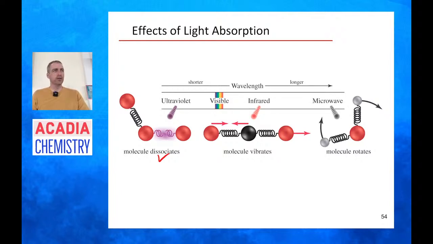They don't even have enough energy to make molecules vibrate, but they can make them rotate, and that's what happens in a microwave oven. It gives off energy that water can absorb. Water rotates and then slows down, gives off that energy as heat, so it slowly warms up your food that way.